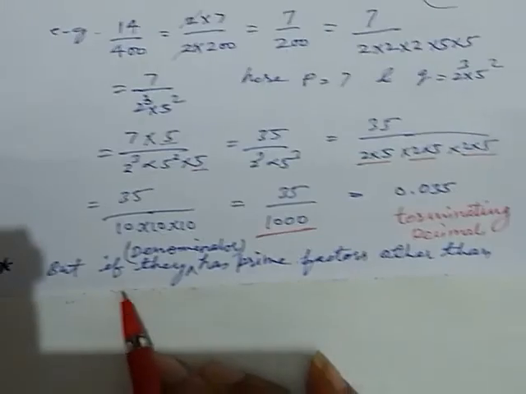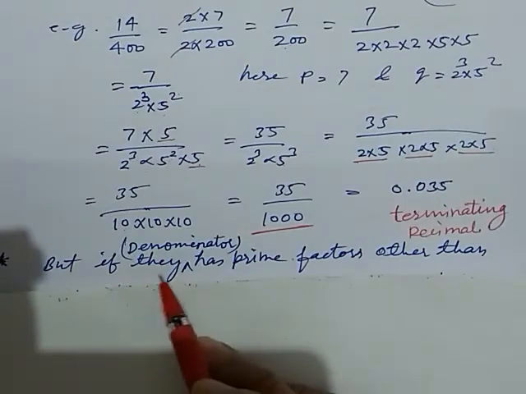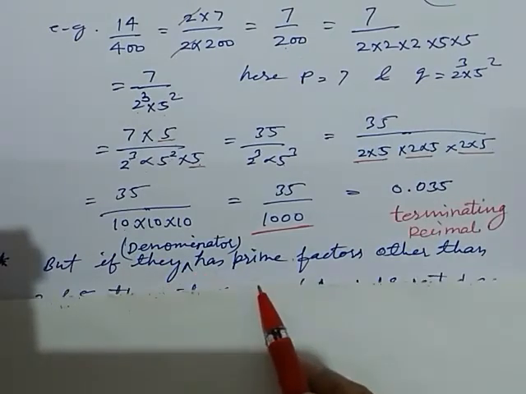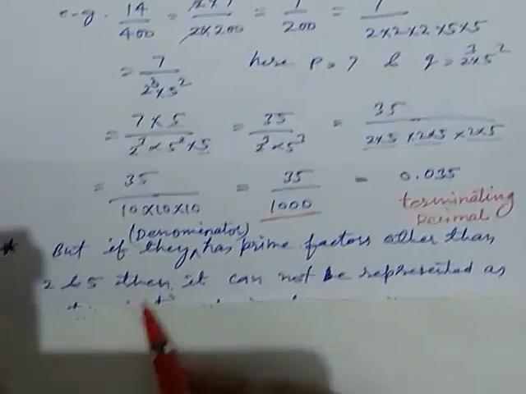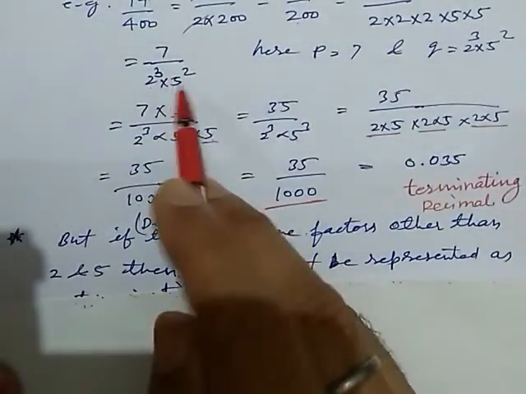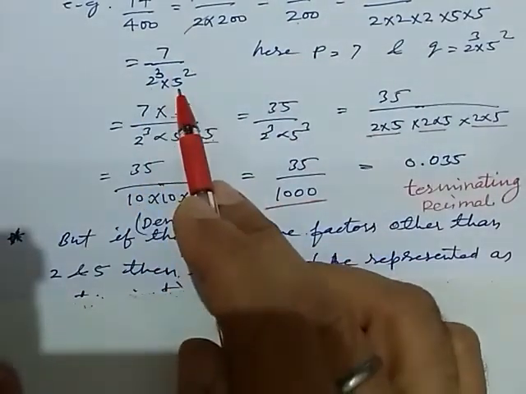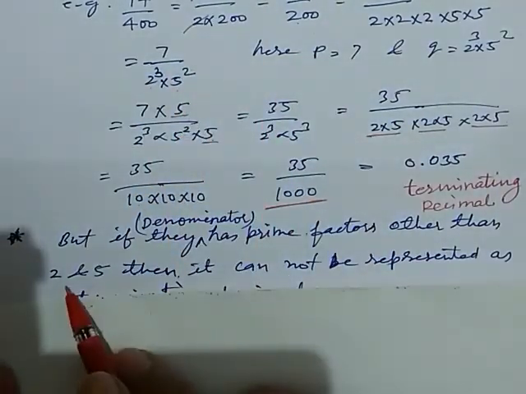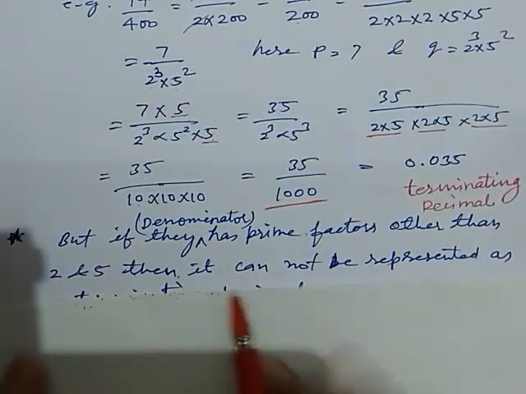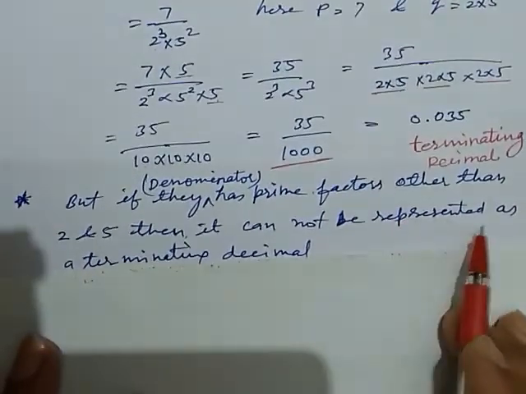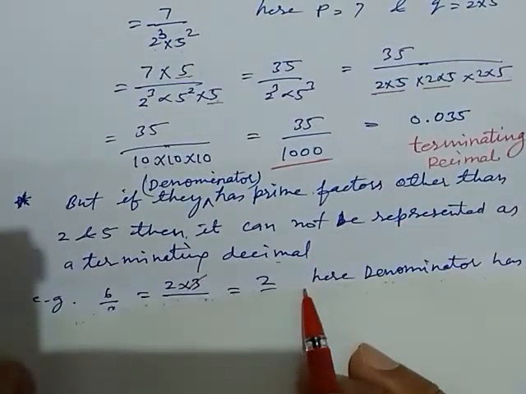But if the denominator has prime factors other than 2 and 5 (here the denominator has prime factors 2 and 5 only), then it cannot be represented as a terminating decimal. Okay?